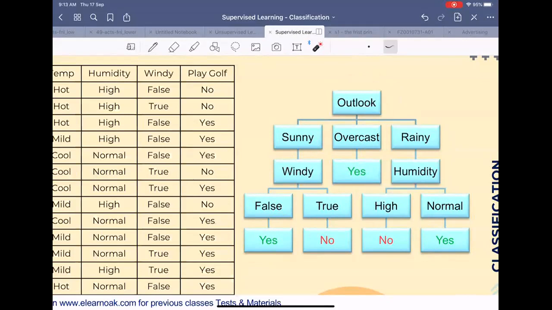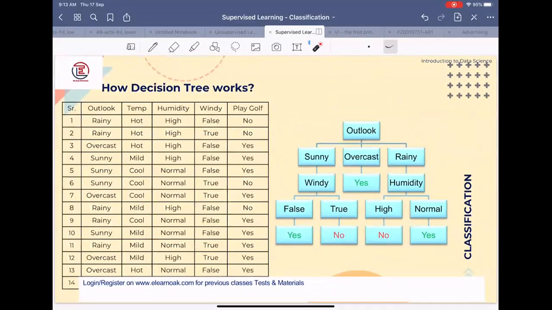How to read this graph? This graph says, first, at the beginning, we will look at the feature called outlook. The outlook feature, as we see from our data, has three possible options: sunny, overcast, and rainy. If the outlook is overcast, we will not look at anything else. We will simply say, yes, play golf.